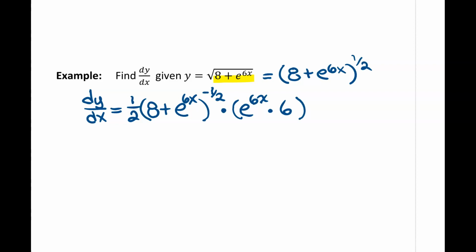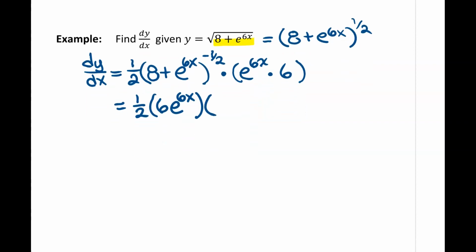Okay, so cleaning this up, well, let's see here. I have a 1/2. I'm going to take this e to the 6x times 6 and put that here, 6e to the 6x. This negative exponent, I probably will throw that to the bottom of our fraction. Usually we like our exponents to be positive values, so probably that will work well for me.